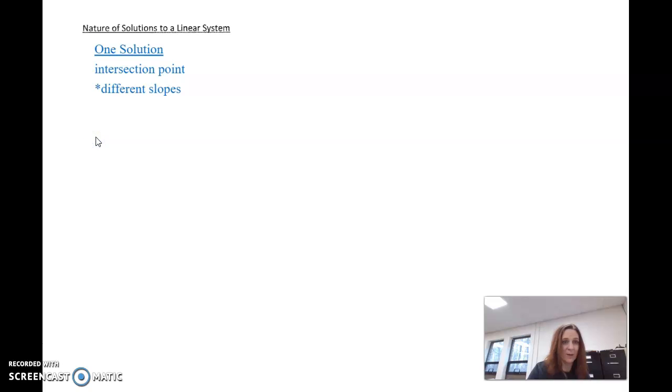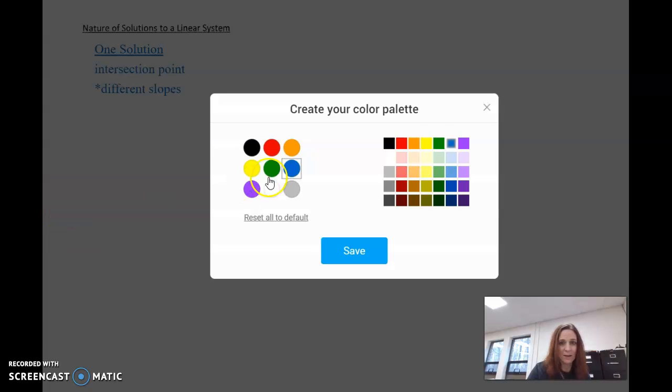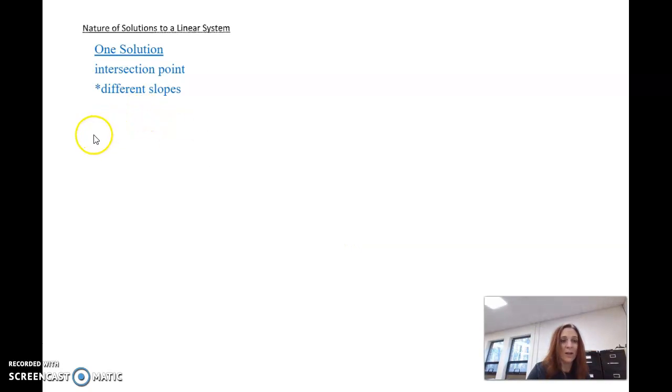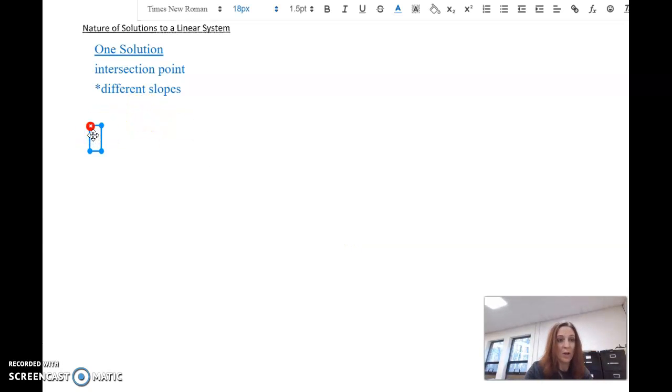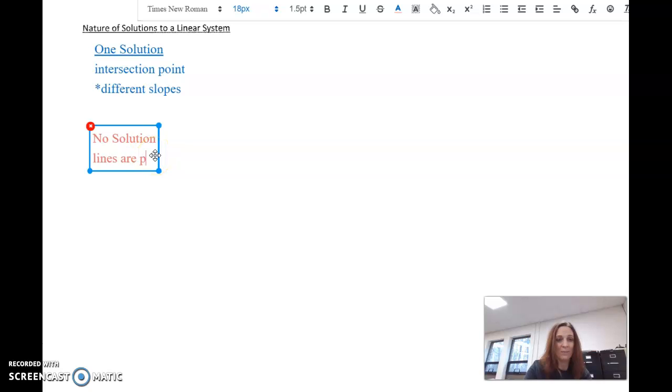Another thing we have here, we could also have no solution. And if we have no solution, that means the lines are parallel.